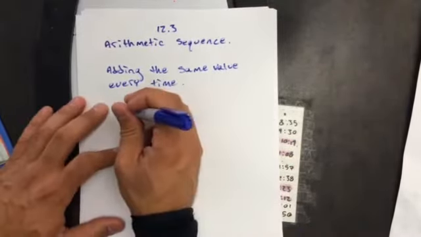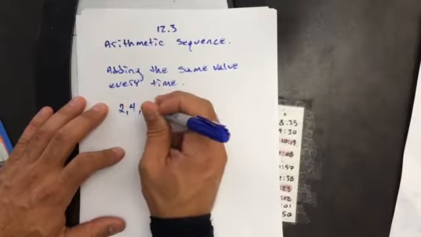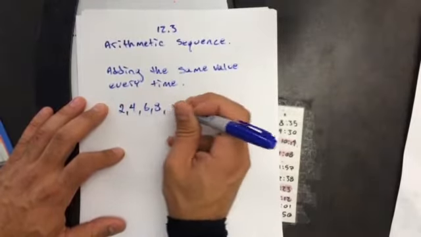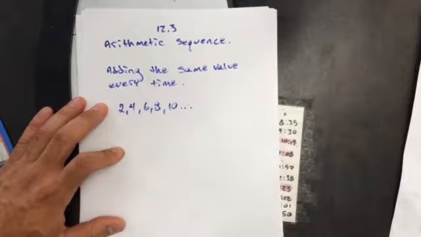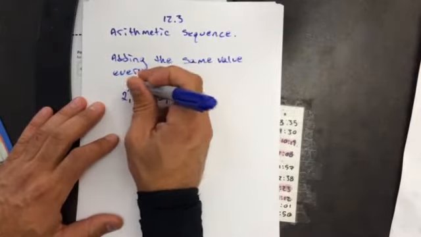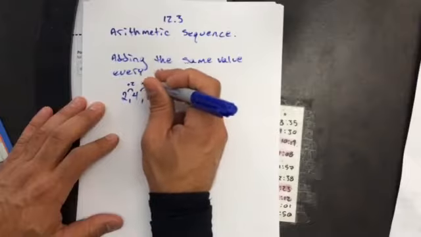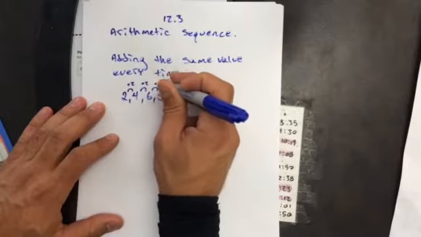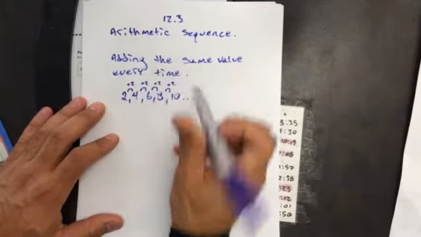So if I have something like this, I would look at what's the change here. So the change is I'm adding 2, adding 2, adding 2, adding 2 every single time.